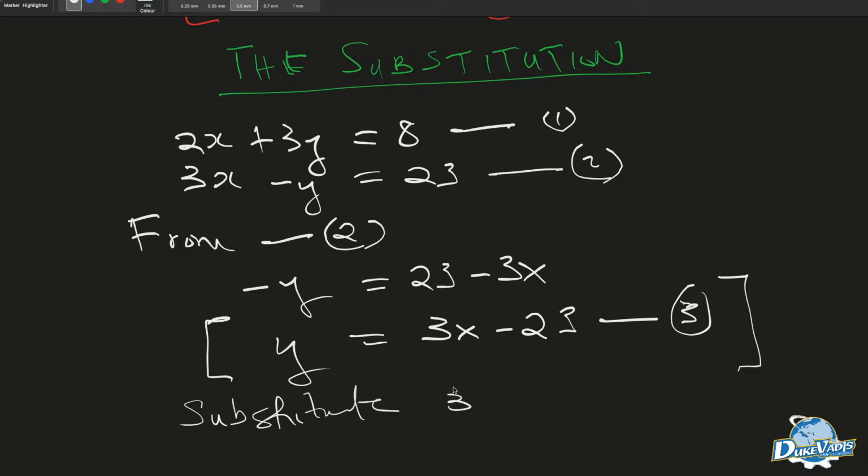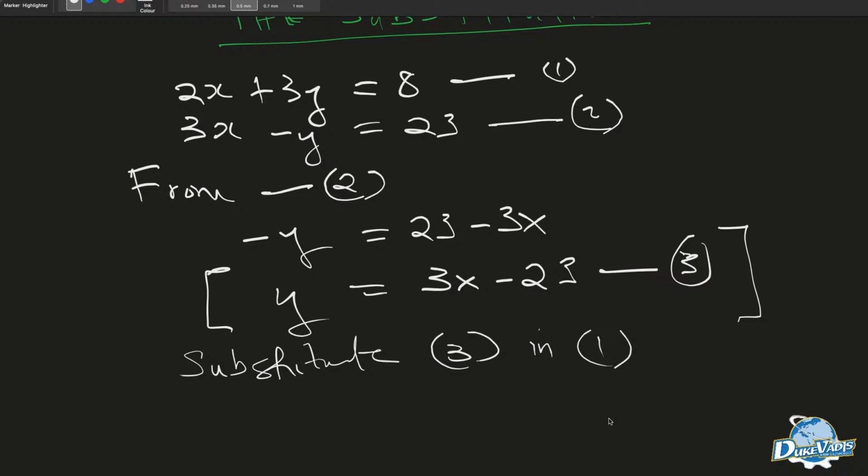So we are going to substitute equation 3 into equation 1. I'm going to write the equation as it is: 2x plus 3 into bracket, is equal to 8. I just want to substitute equation 3 in a different color, so that will help us understand what we're doing.